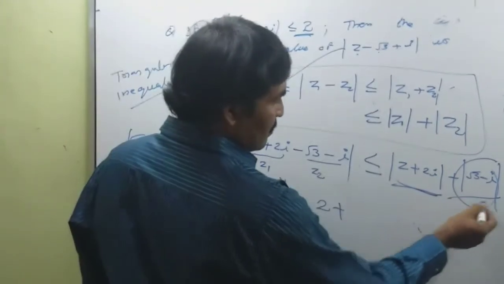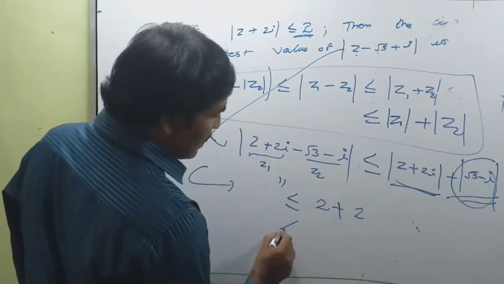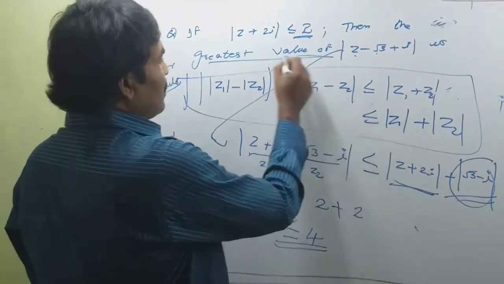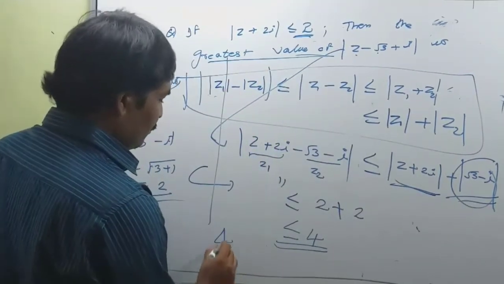So this is less than or equal to 4. So the greatest value of this is 4.